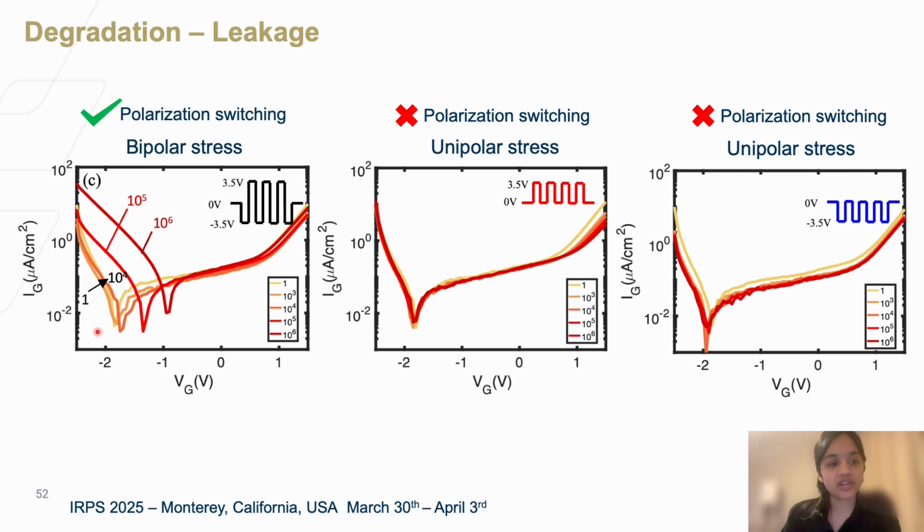And the interesting thing to note here is that until 10^4 cycles in the bipolar stress case, the leakage does not increase significantly. But post that, the leakage starts to jump to much higher values. The thing is that 10^4 cycles is when we see the memory window closure happening.